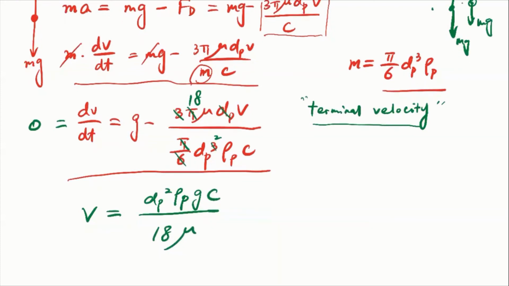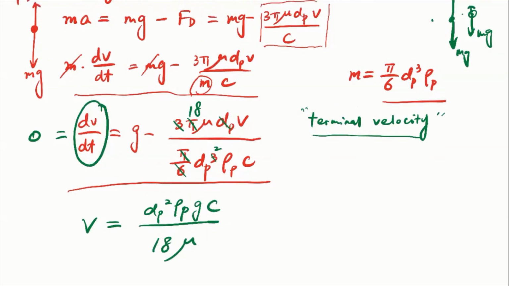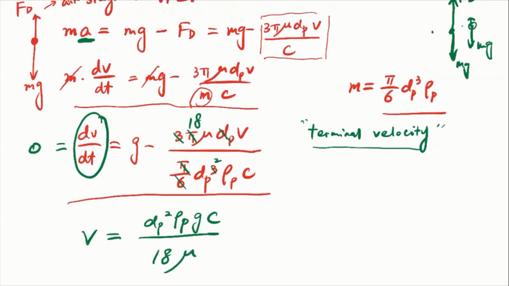Dr. Wang, please, dv divided by dt, did you mean this is called terminal velocity? dv dt is the acceleration, the change of the velocity. This comes from Newton's second law. It's the a term here.